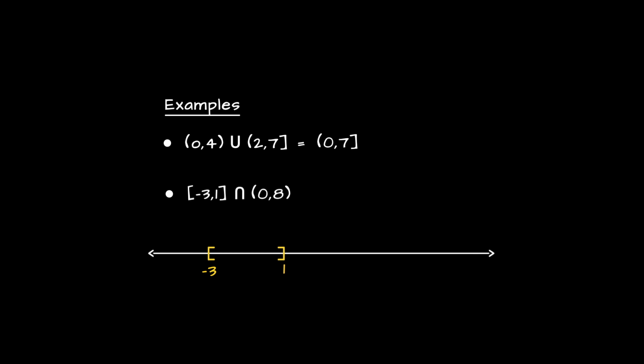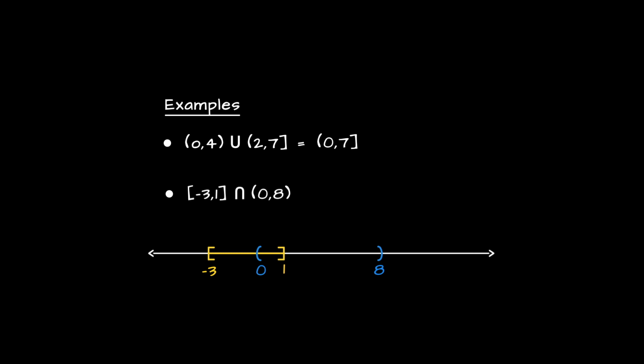So it consists of truly everything that's highlighted in yellow here. And the open interval from 0 to 8 would look basically like this. It is everything that is strictly greater than 0 and strictly less than the number 8.